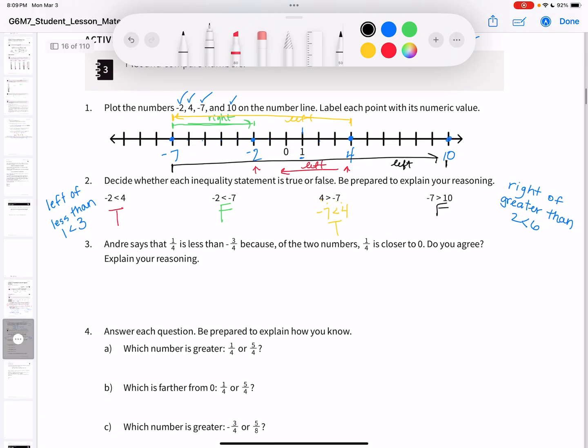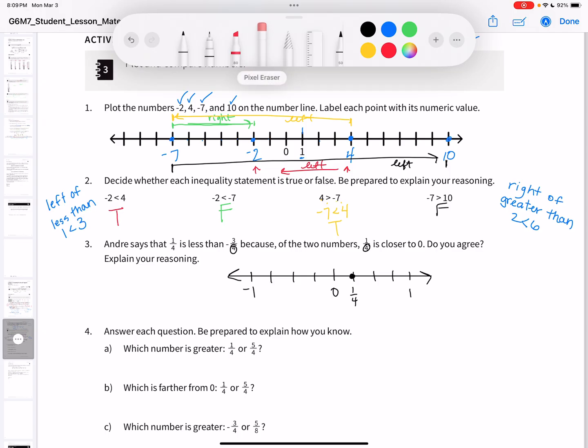All right, let's look. Andre says that 1/4 is less than negative 3/4 because of the two numbers, 1/4 is closer to 0. Do you agree? Explain your reasoning. Well, let's draw a number line. So we have 0 in the middle, and we have 1, and we have negative 1. Now we're working in fourths, so I'm going to split these up into fourths, like that. So 1/4 would be right here. This is 1/4.